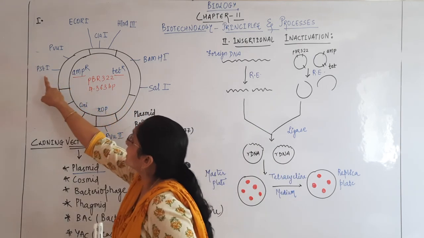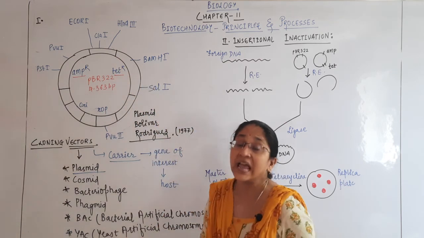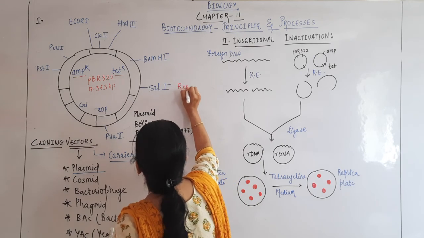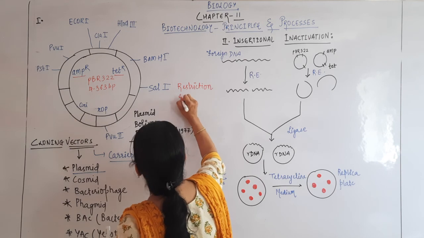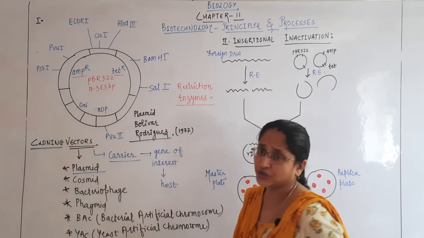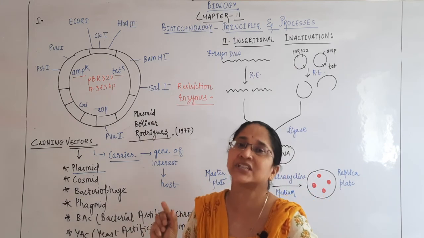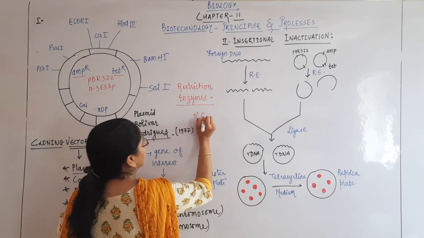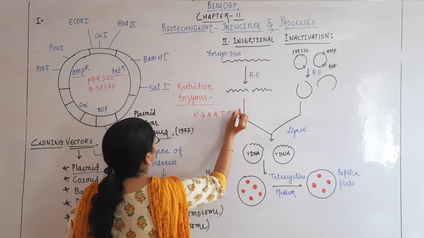When we talk about these sites like PstI, PvuI, EcoRI, they are referred to as the restriction sites of various restriction enzymes. In the earlier modules, we discussed that the specific restriction site of EcoRI is, from the 5' end, GAATTC up to the 3' end.